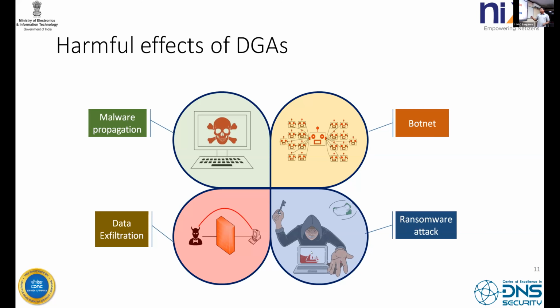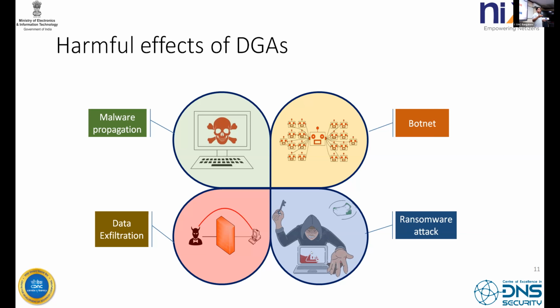Second, suppose I am the malicious author using DGA. I can infect a lot of systems, not only in CDEC but somewhere else in Bangalore, my home place Guwahati. So I have a lot of systems under my control. Now I am making a target vector, like I will attack the CDEC recursive resolver.